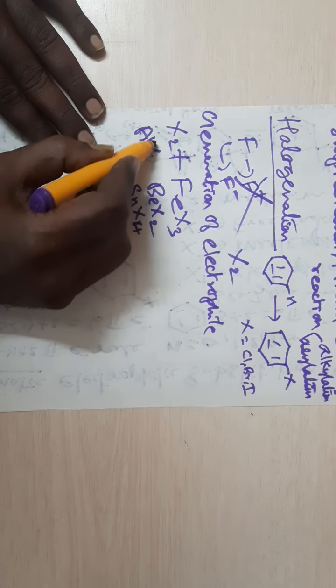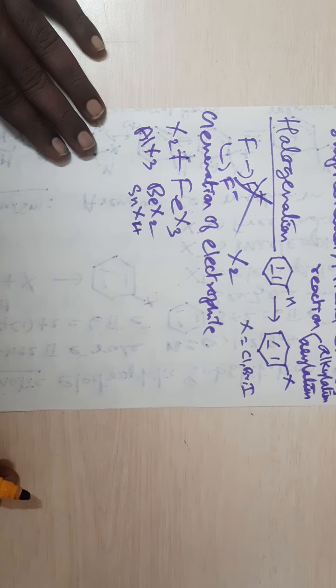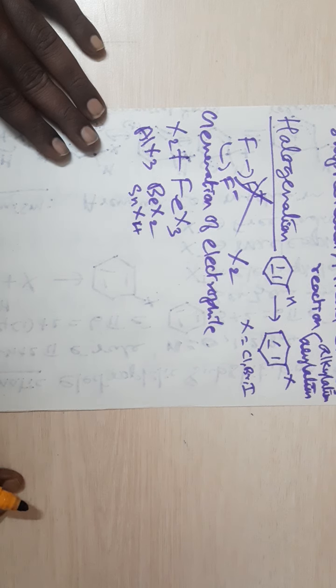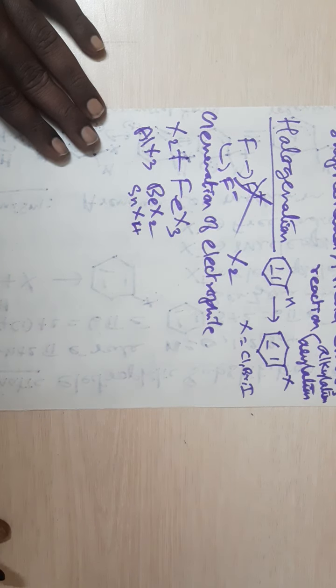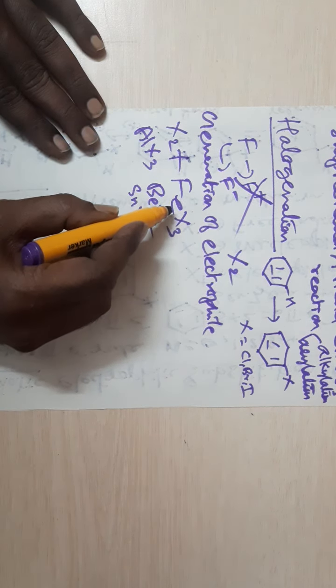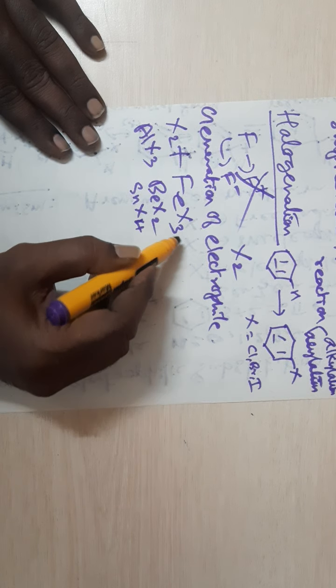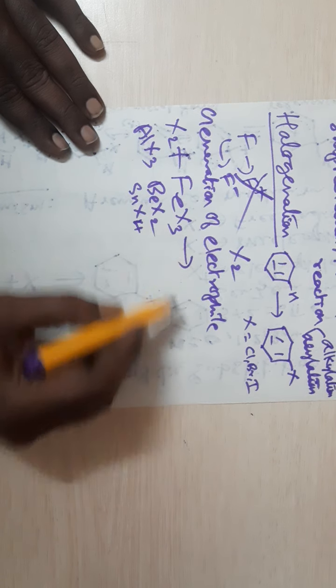Aluminium halides, AlX3, can be used. These are some of the Lewis acids. So FeX3, BeX2, SnX4, AlX3, all these are Lewis acids. They can be used in the halogenation reaction. All these Lewis acids can be conveniently used.